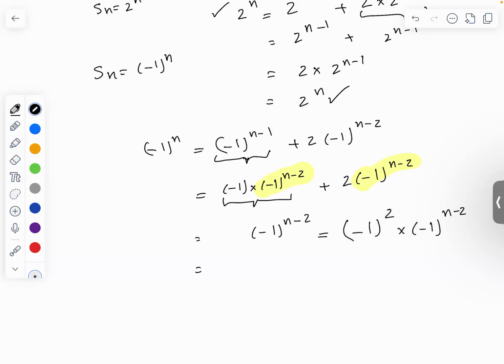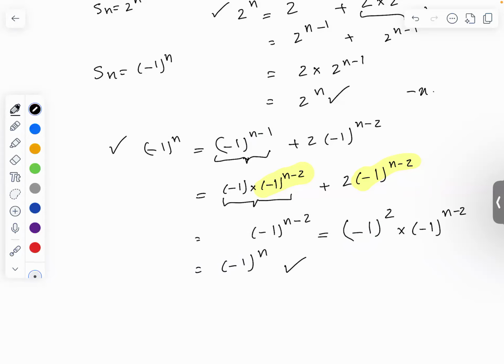So this will be equal. If I combine, multiply them, left side will be equal to right side. Which part? How? Because minus 1 power 2 is 1. Which one? This one? Yellow? Minus 1 power n minus 2. So see this one.